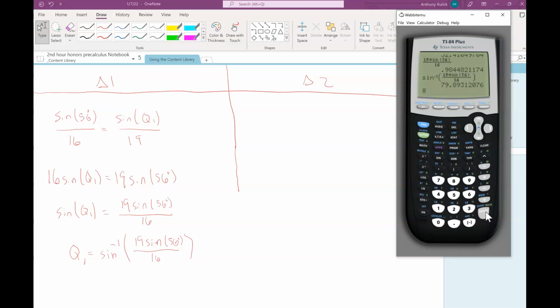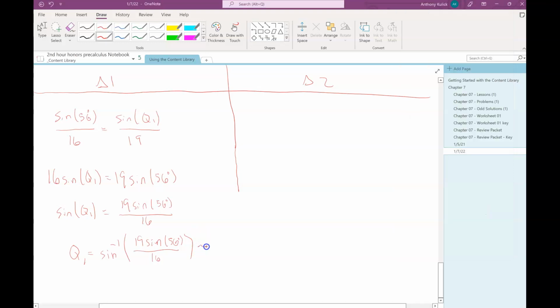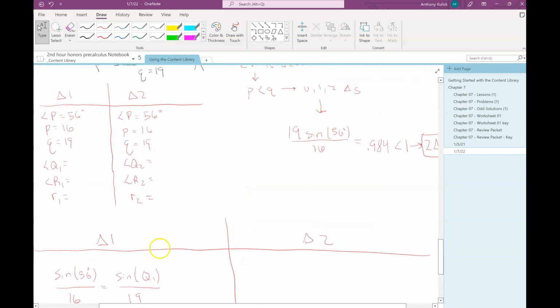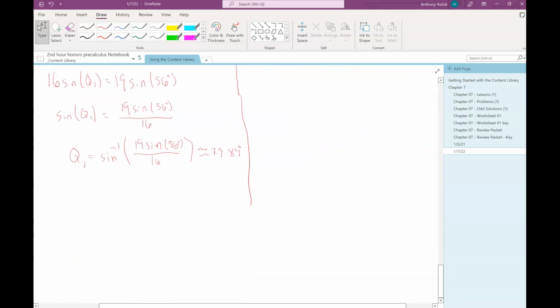So I got 7989 here. So let me go record that up here. Now that I have angle P and angle Q, angle R is easy to find, right?